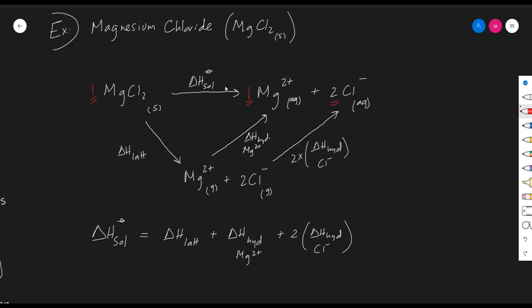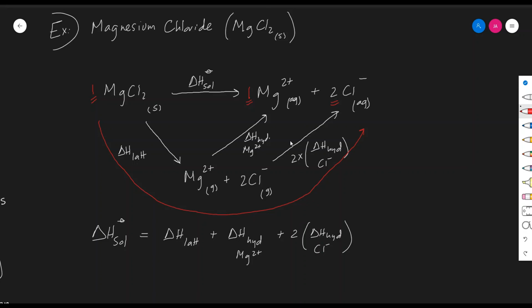And thus a cycle can be constructed as shown here, and the enthalpy change of solution can be calculated by simply adding all these enthalpy changes, since we will move along all the arrows in this cycle, in the same direction, and thus no signs need to be flipped, and it's a rather simple cycle.